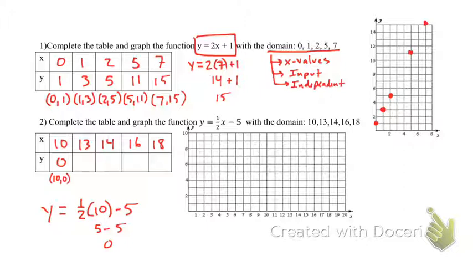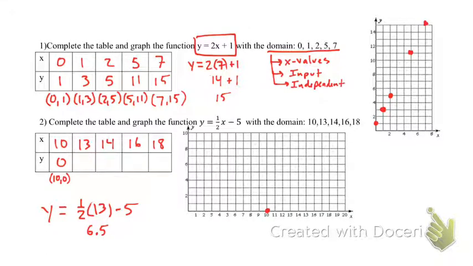All right, so we did that. Let's plot that point. 10, 0 is over here. And now let's plug in our next x value, which is 13. One half times 13, if you use your calculator, you should get 6.5.